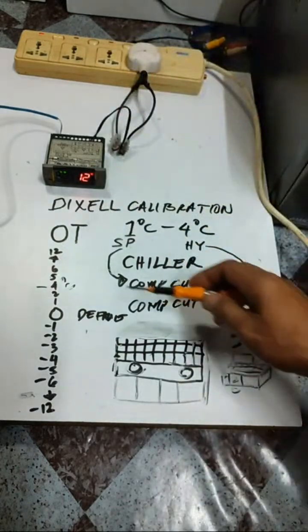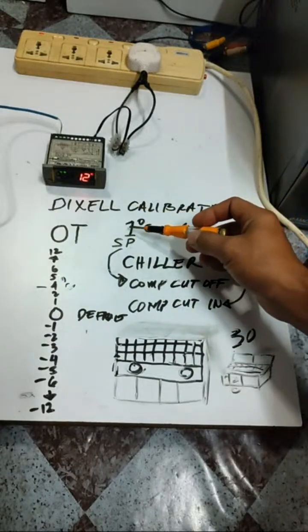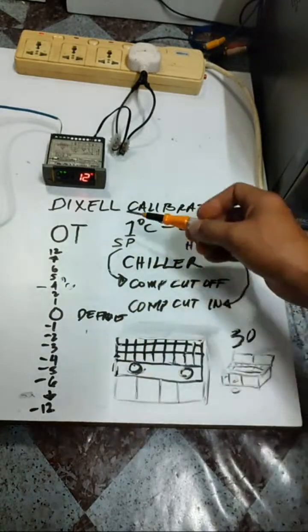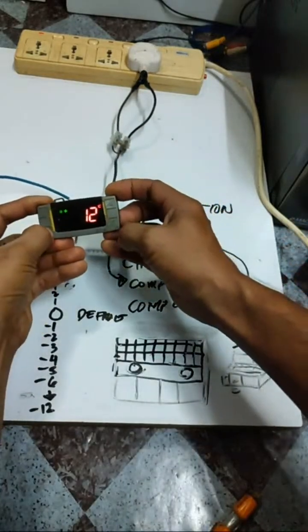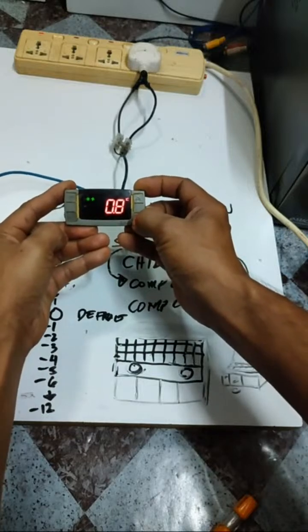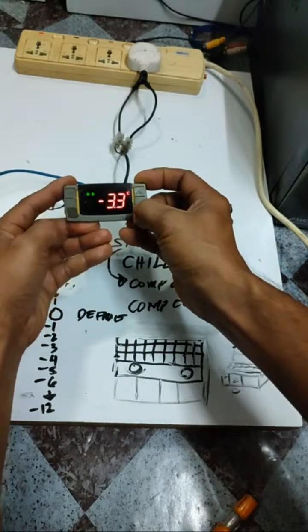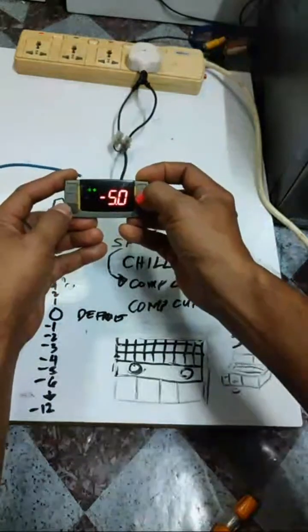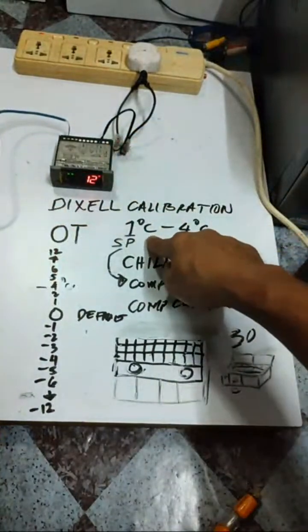So the secret here is the calibration. Okay, you do not go beyond. You cannot put your set point to -5. Okay, if you want to put -5 there, it's faulty. Okay, you cannot do that. You go beyond, it's not the proper way to set the set point.